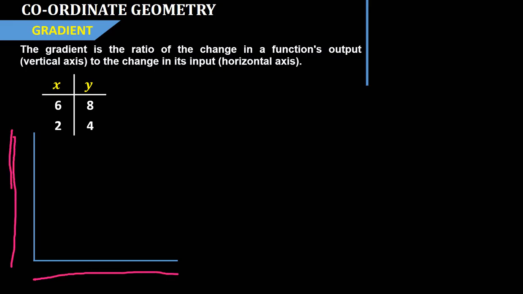So this is my y-axis and this is my x-axis. Those are the lines. Now I'm going to label them accordingly, as the y-axis right there. The vertical line is the y-axis, and the horizontal line is the x-axis.